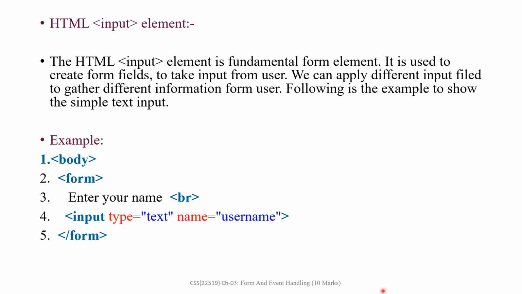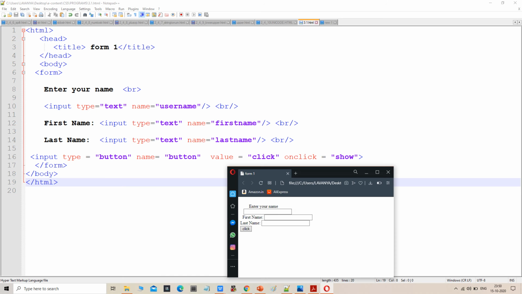This is a simple example of a text input. Input type is equal to text and name is equal to username. And as usual, our tags are here: body tag, form tag, end of the form tag, end of the body tag. And these should be written in an HTML tag.